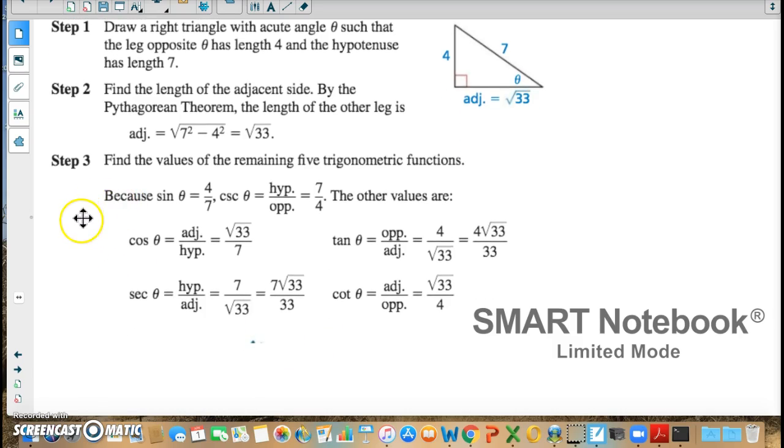And then same procedure. Here's theta. Opposite is 4 over 7. So sine is 4 over 7. And then its reciprocal is cosecant, 7 over 4. All right. So pause here and take a look at these examples and make sure you can follow them.